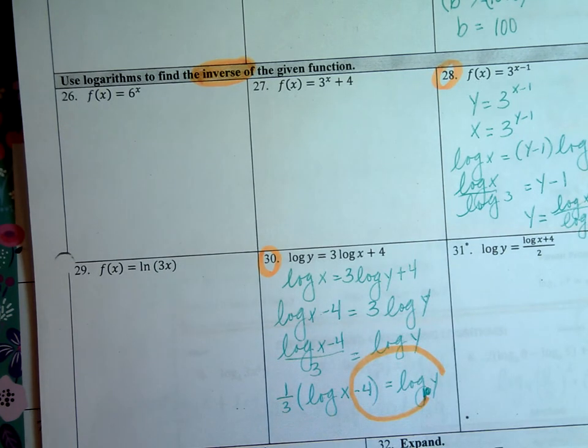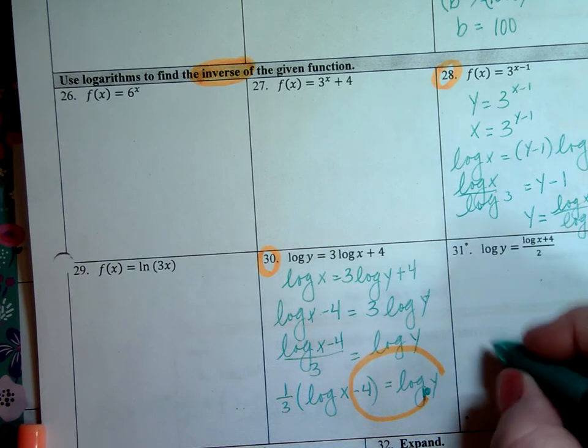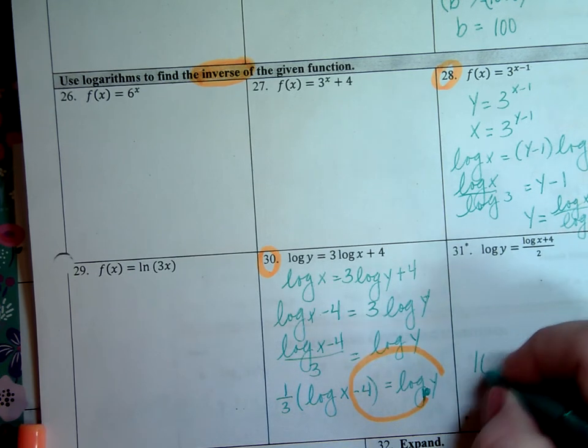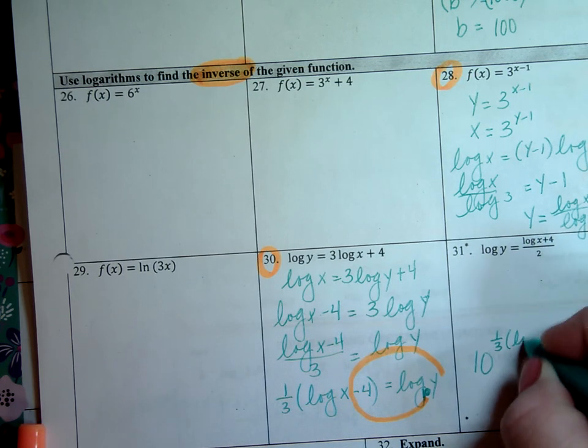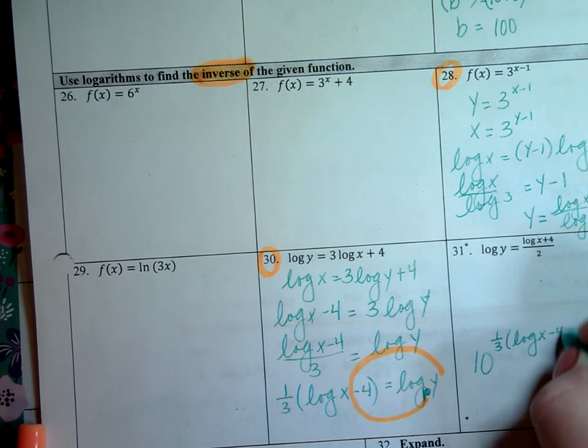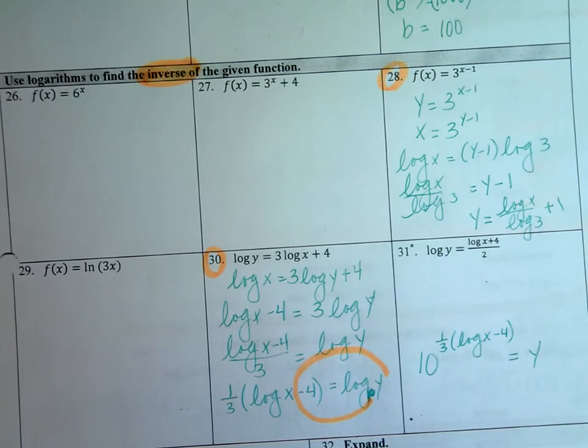It is going to be 10 to the, my whole power is this whole hot mess, 1/3 log of x minus 4. And that's what y equals. And that, my friends, is solving for the inverse. That was hard. I tried to pick the harder ones on the page.